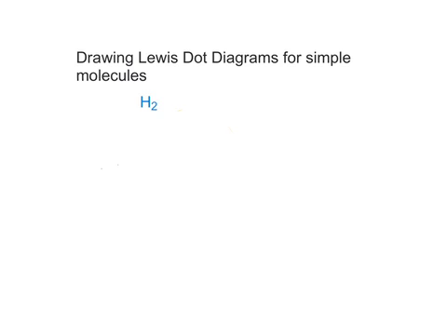How many valence electrons are we talking about? Well, each O has 6, so we would draw the symbol for O. Imagine a box around it. 1, 2, 3, 4, 5, 6. Then another O, since it's O2.